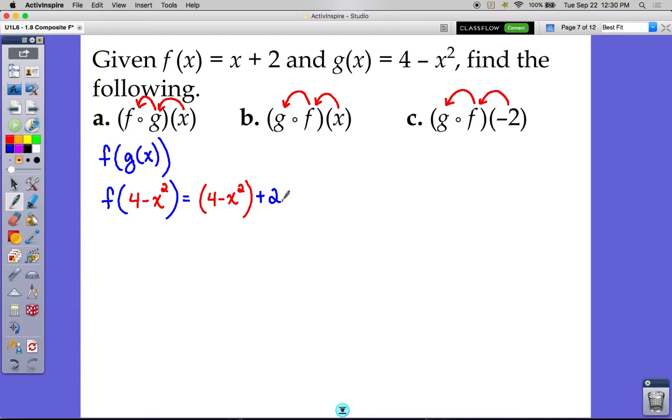The plus 2 is untouched. Then I simplify. In this case, 4 minus x squared, nothing really to do. Highest power first, so that brings the negative x squared to the front. 4 plus 2 is plus 6. So for this one, f of g of x results in negative x squared plus 6. Remember, I started with x, I'm going to end up with x.